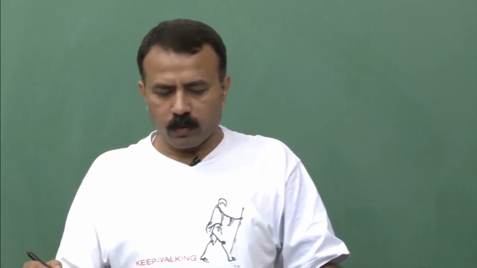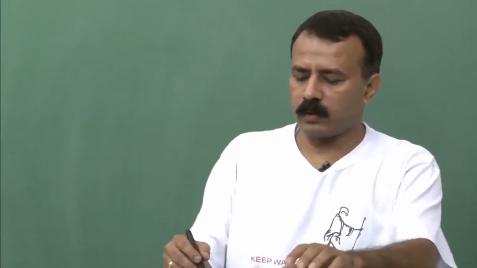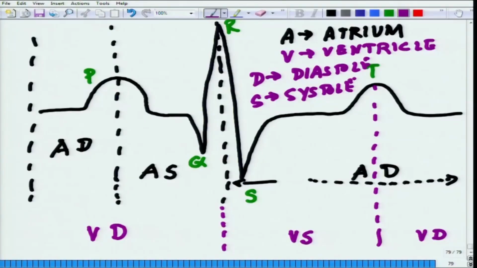Then from here we will move on to the next phase, which is cardiodynamics. But before that, I wanted to touch a couple more things. Okay, let us move on to cardiodynamics. What is cardiodynamics?